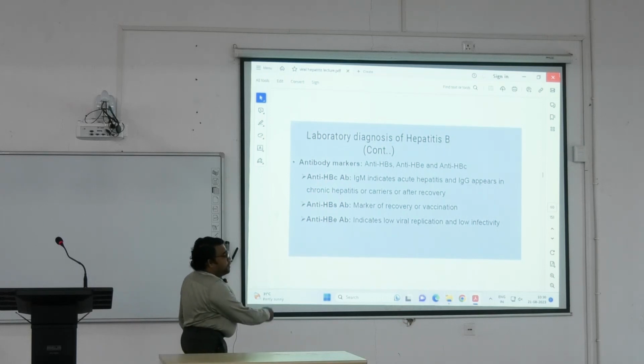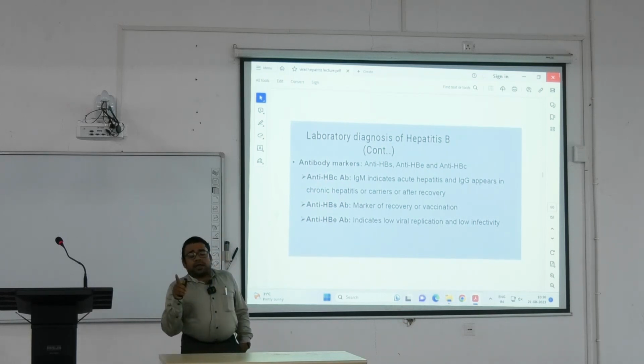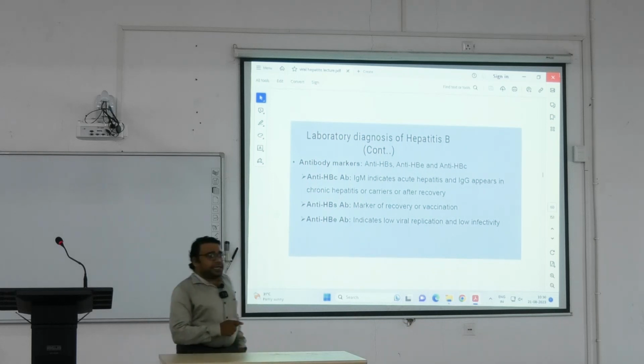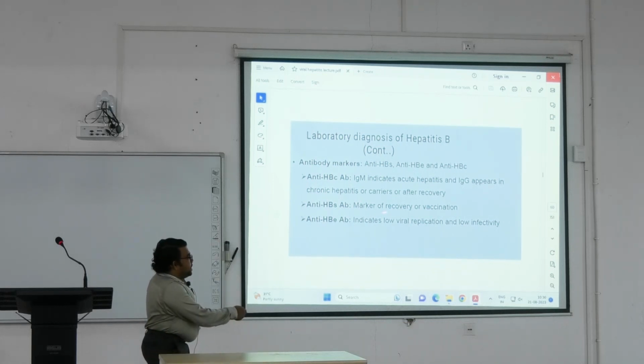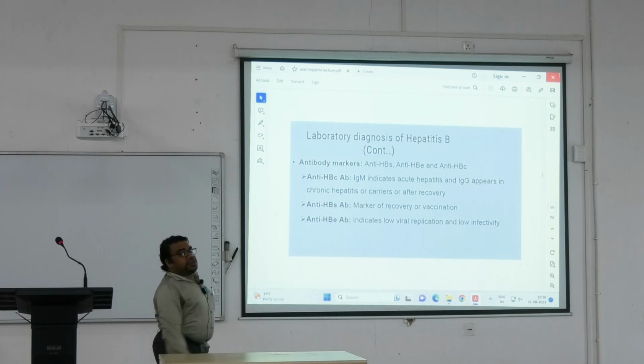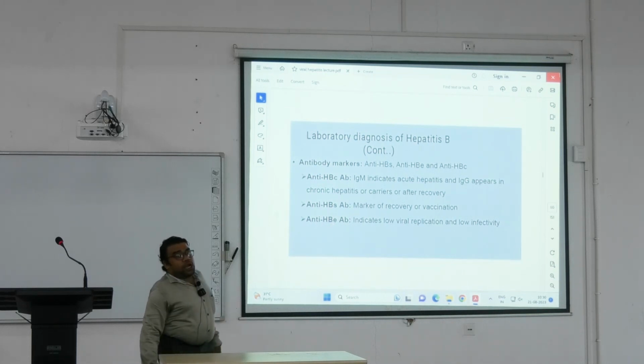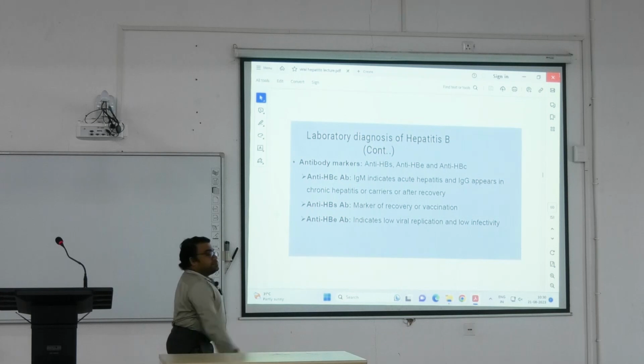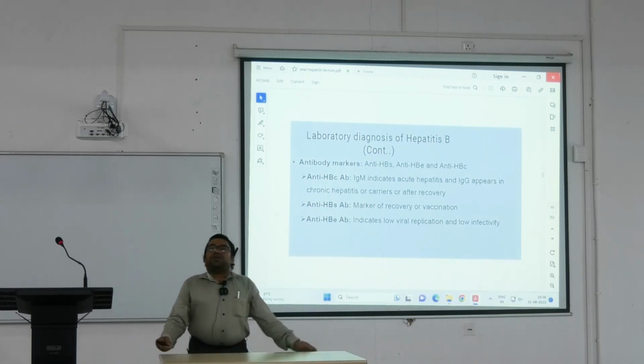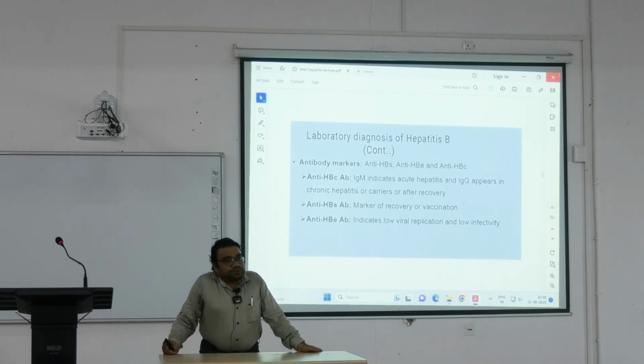Presence of surface antibody against surface antigen will indicate that the patient has recovered or the patient may be vaccinated. Finally, presence of antibody against HBE would indicate low replication, meaning low infectivity. Understood?